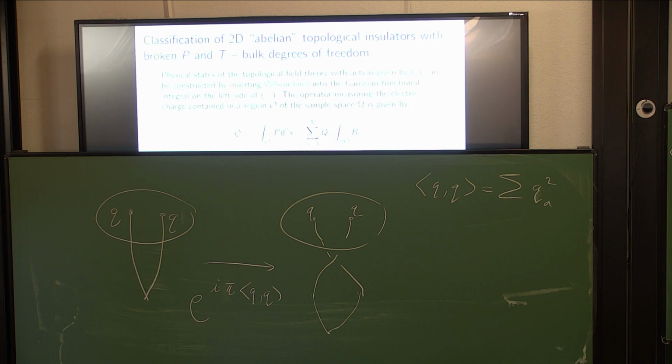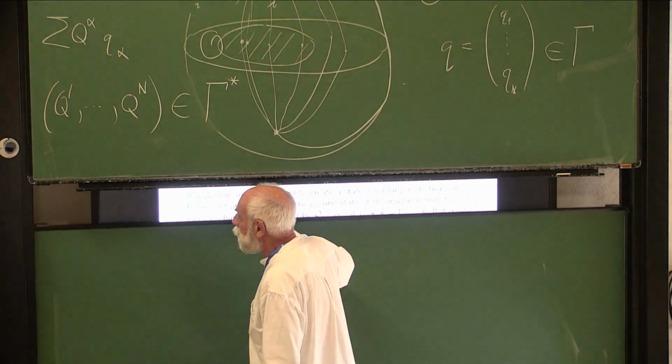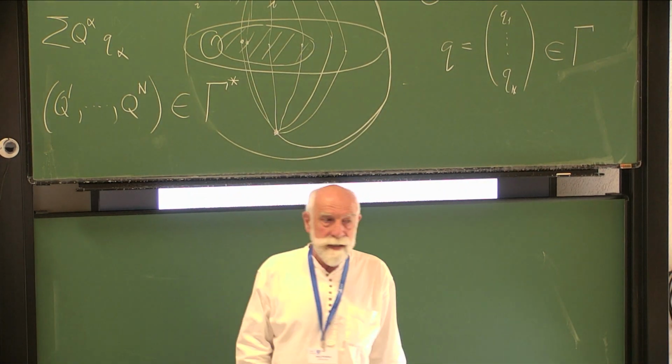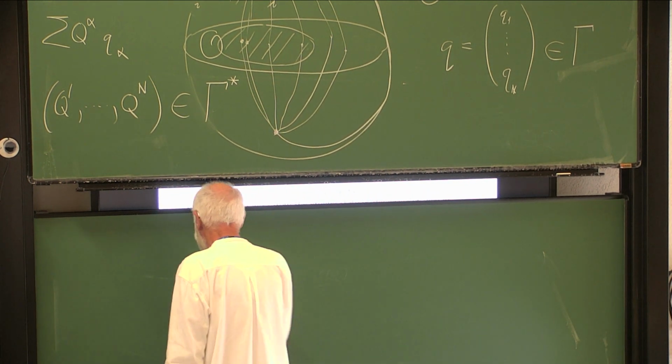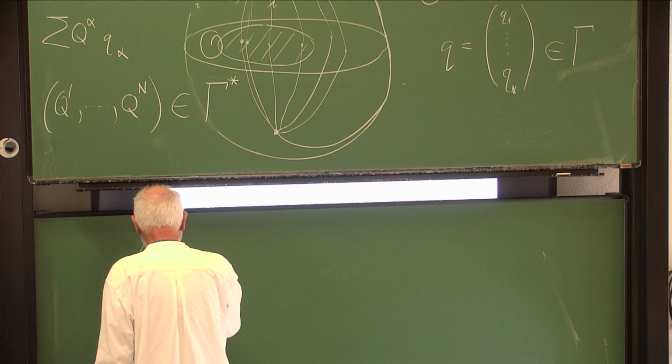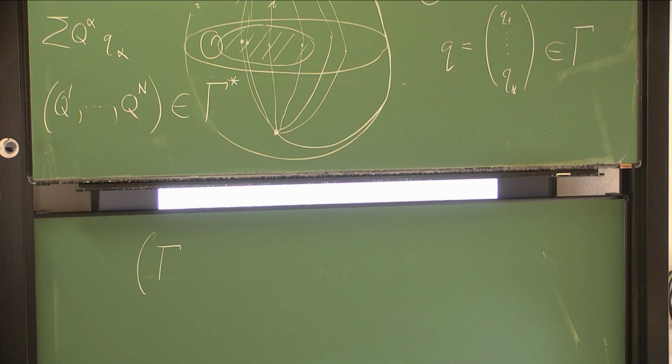So what do we have to classify to understand incompressible Hall fluids? We have to classify the following data. An integral lattice with an odd integral bosonic form given.